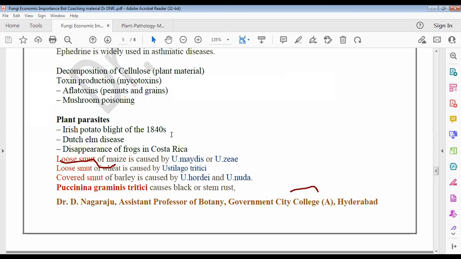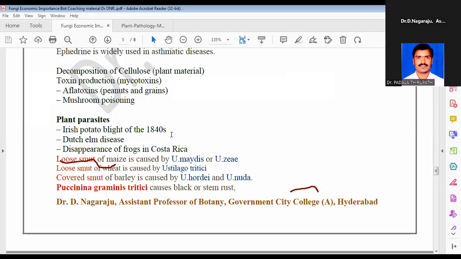The total potato crops vanished in the British Irish area. Their major food is the potato, like rice in our area. They use the potato as a starch source. The total potato crops vanished because of this fungus, Phytophthora infestans.